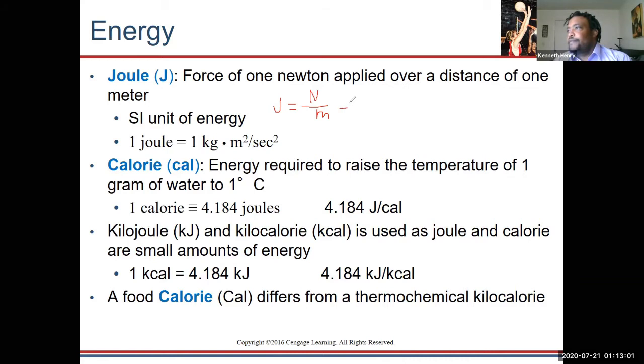Or it's also going to be mass or kilograms. Let's do it like this. We'll make it generic. Force over distance.